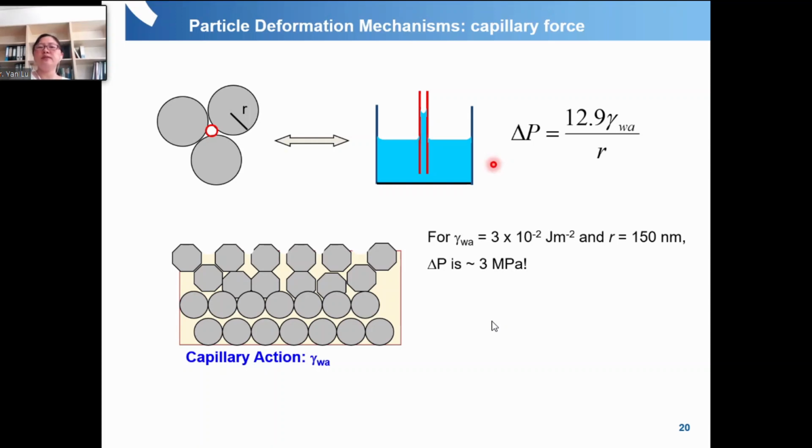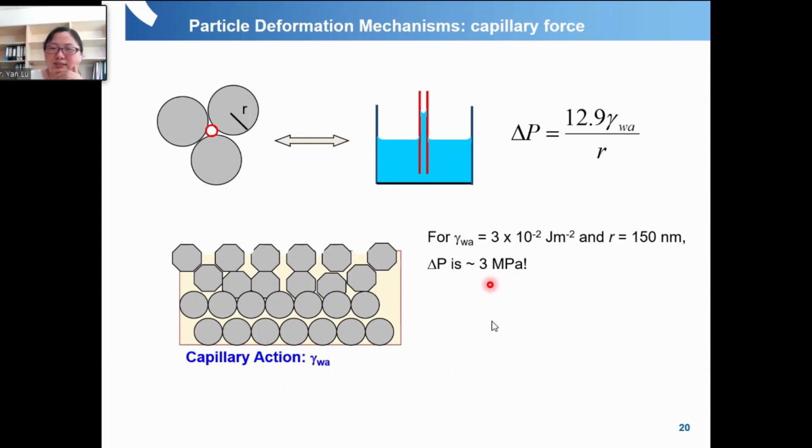For example, here we use again the water interfacial energy. And for a particle size of around 150 nanometer, the capillary pressure will be around 3 million Pascal. So it's really huge.